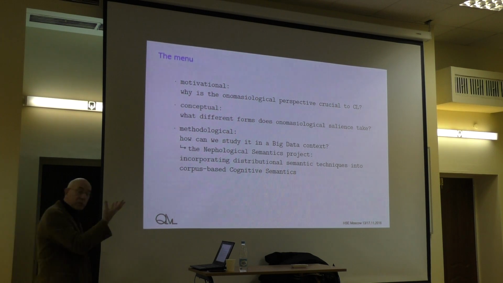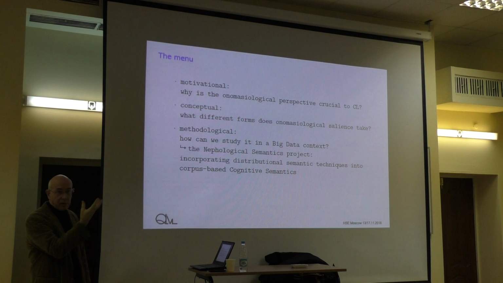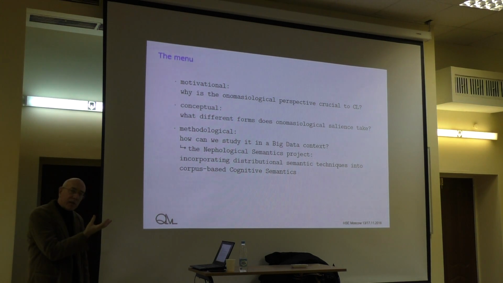If you take the other perspective, then that is an onomasiological perspective. That's a perspective where, from a structuralist point of view, you would ask the question, what different ways are there for expressing a certain meaning? It is a bit more complicated than that when you go to a usage-based model, but we'll see how that works.